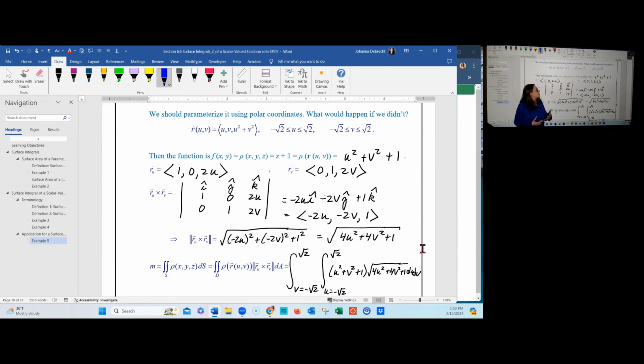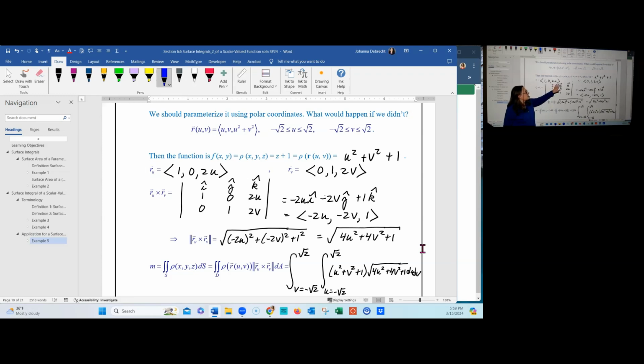What would happen if we just did the parameterization where x was u and y was v and z, which was x squared plus y squared, then became u squared plus v squared? We know from our look at the paraboloid that u will vary between negative root 2 and root 2, as will v. This will get us all the way out to the widest circle with radius of 2, all the way down to the point at the origin.